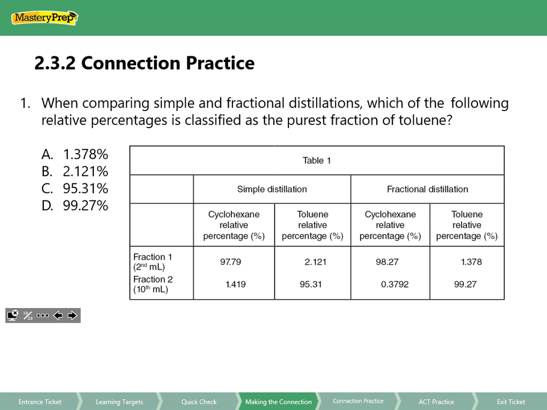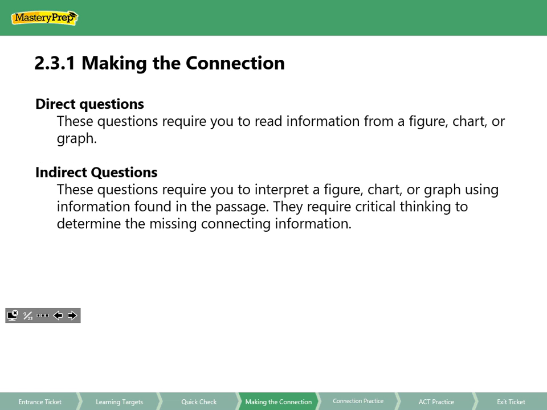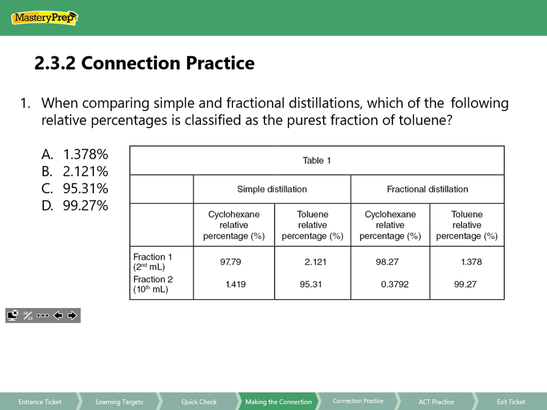So let's look at the next one. When comparing simple and fractional distillation, which of the following relative percentages is classified as the purest fraction of toluene?